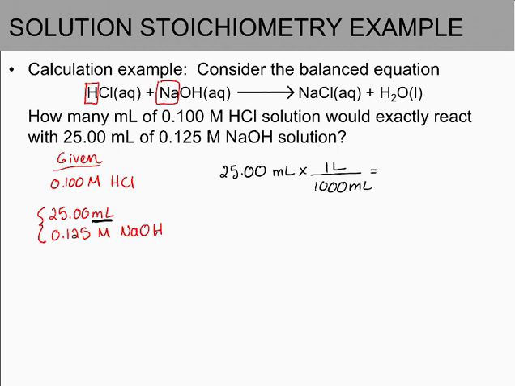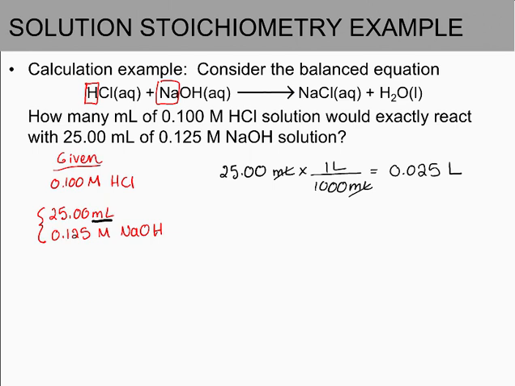So 25 milliliters times 1 liter over 1,000 milliliters. Milliliters will cancel, and we'll end up with 0.025 liters. Again, we just need to do that here because we're trying to cancel with units of molarity.